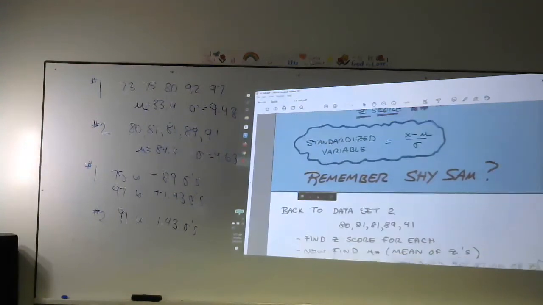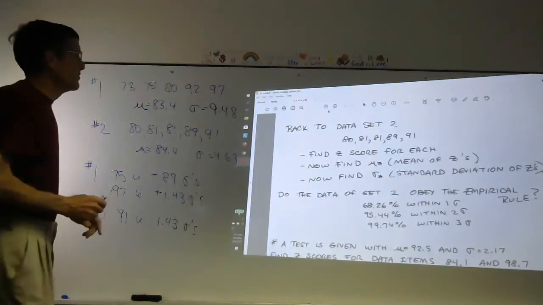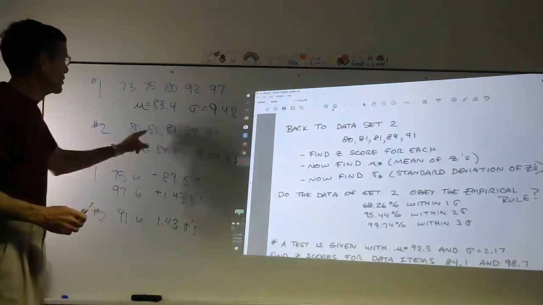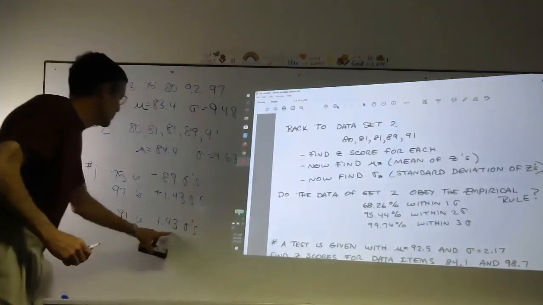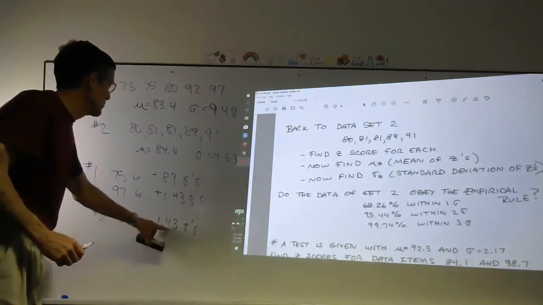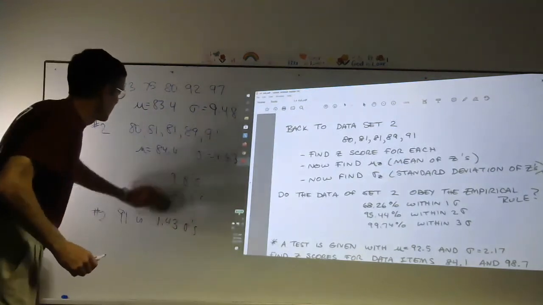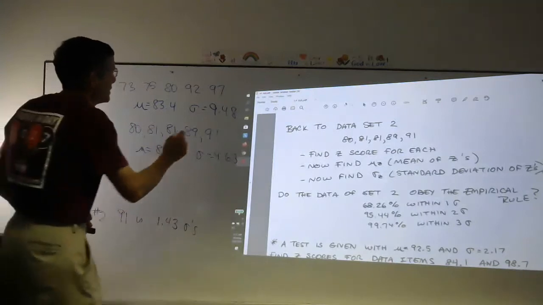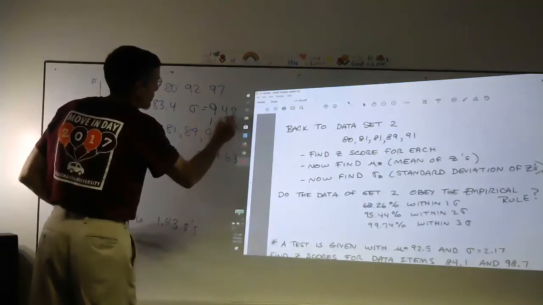Okay, so let's go back to data set 2. Back on data set 2, we want to find the z-score for each of these. Now we did 91. For 91, the z-score, how many standard deviations, is 1.43. So I'm going to erase this and remember that 91, I'll write it right above it. The z-score is 1.43.